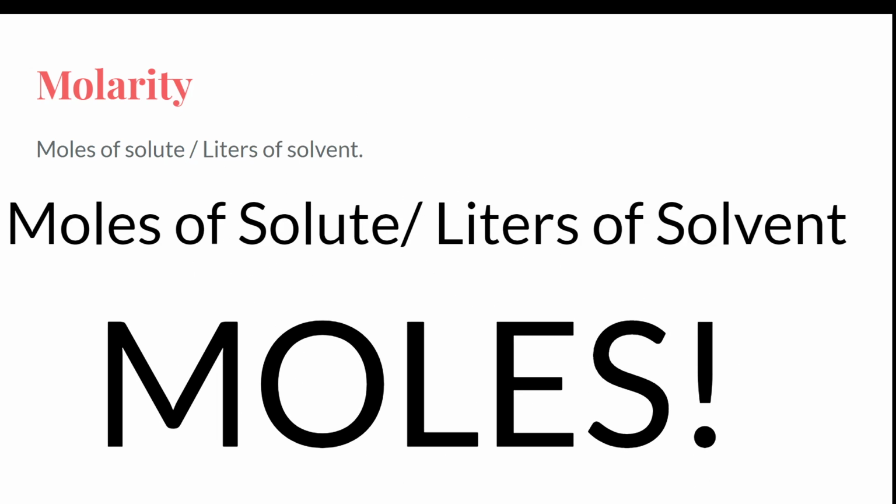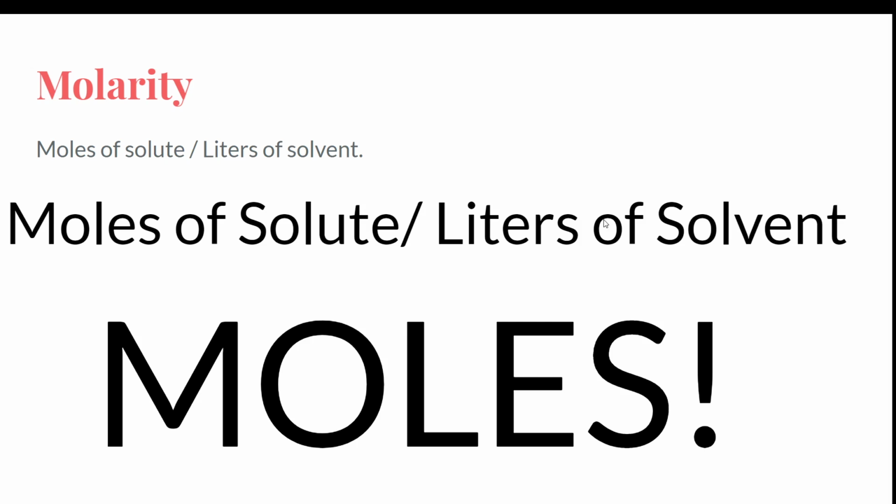Which means that if we want to figure out how many moles of solute we need to add to something, or if we need to get to the moles, all that we have to do is get it by itself. And if we're dividing by the liters of solvent, we would have to multiply by the correct amount of liters in order to get rid of liters.